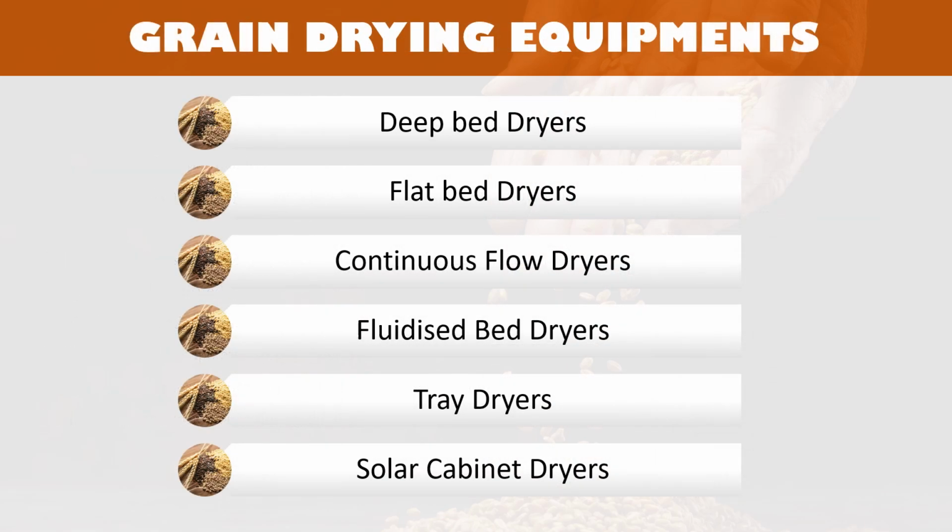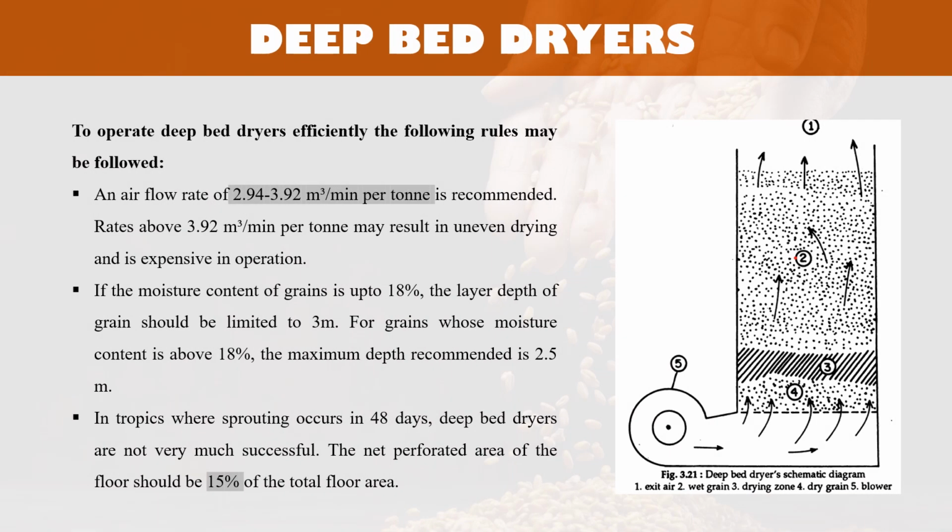Coming to grain drying equipment, these are the different types of grain drying equipment. First are the deep bed dryers. To operate the deep bed dryers, the following rules have to be followed. An airflow rate of 2.94 to 3.92 meter cube per minute per ton is recommended. Rates above 3.92 meter cube per minute per ton may result in uneven drying and are expensive in operation.